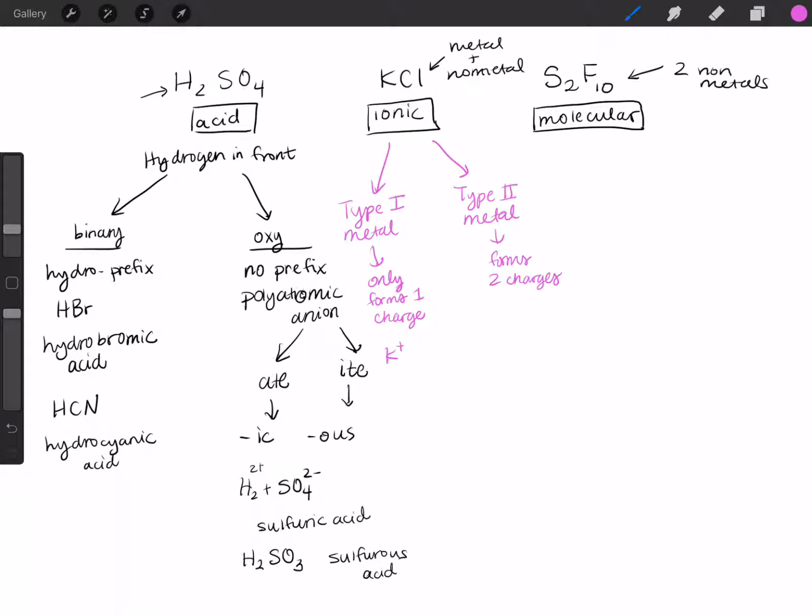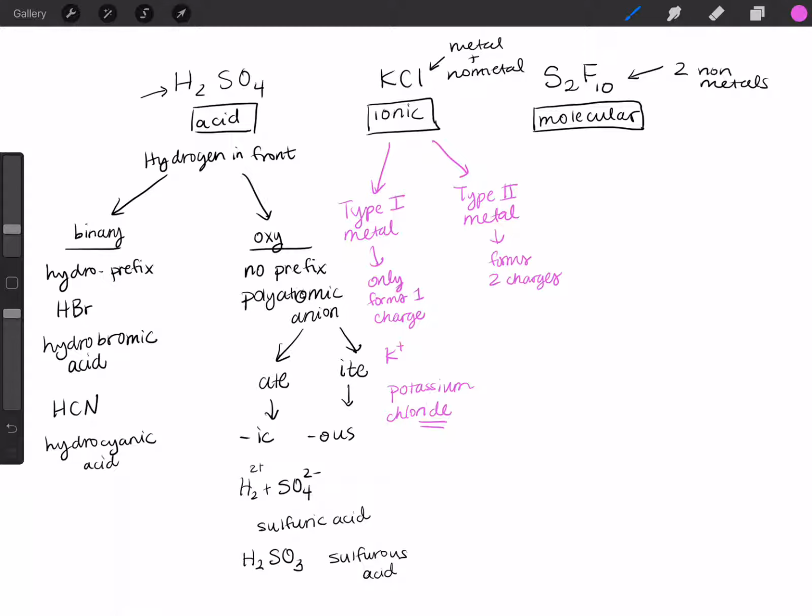So we name this by writing the full name of the metal. We're not calling it potasside or anything ridiculous like that. And then chlorine changes to chloride, because that's how you name that anion. Potassium chloride. That "ide" gets added to the stem.